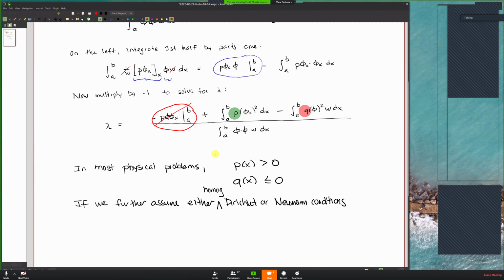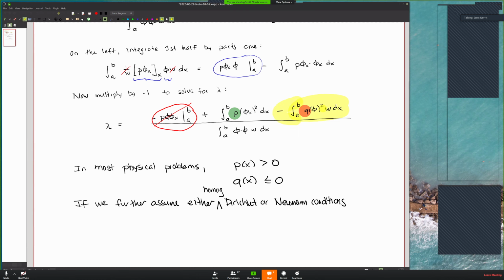All right. I should comment briefly on the possibility of lambda equals 0. If Q is negative everywhere, then there can be no 0 eigenvalues, because this integral here will be positive if Q is negative.